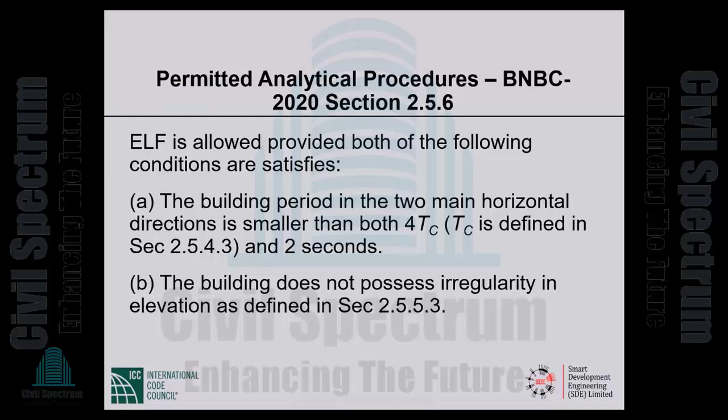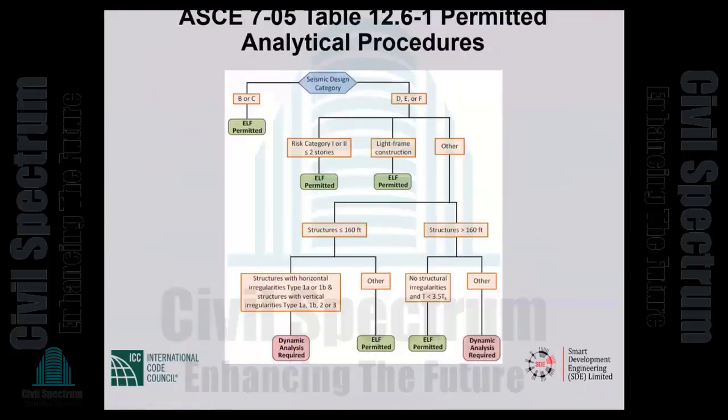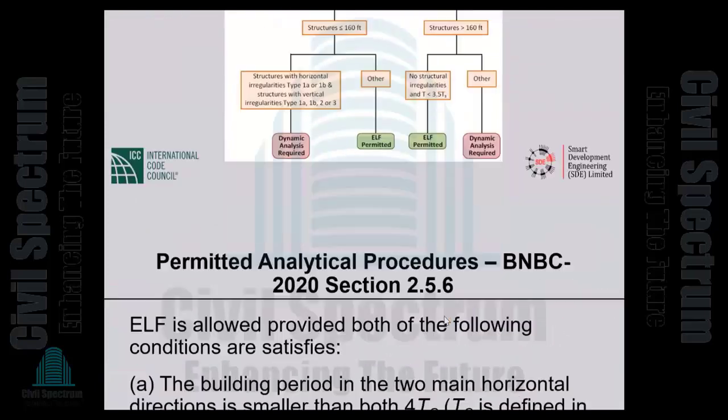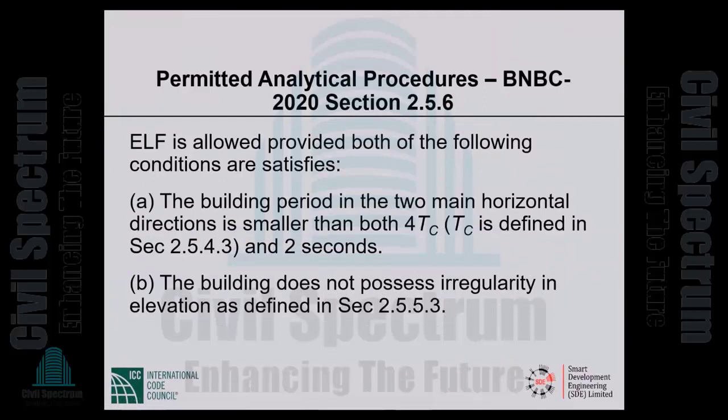So smaller than 4 times T sub C or 2 seconds, whichever is the shorter of the two. So essentially, instead of 3.5 transition period, BNBC is saying 4 times the transition period. 4 times transition period will be about 2 seconds, and you will not exceed 2 seconds.